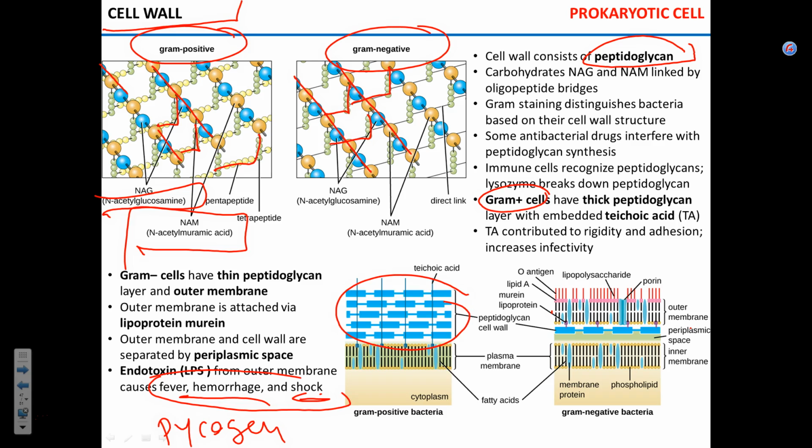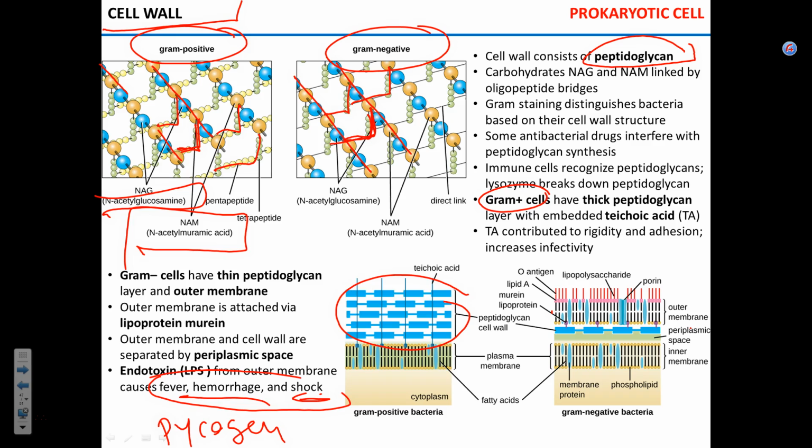They interfere with making those linkages. So instead of a lattice, you have just lines of polysaccharides. How would it change the mechanical properties of the cell wall? Huh? It will be mushy, yes, it will be weak.